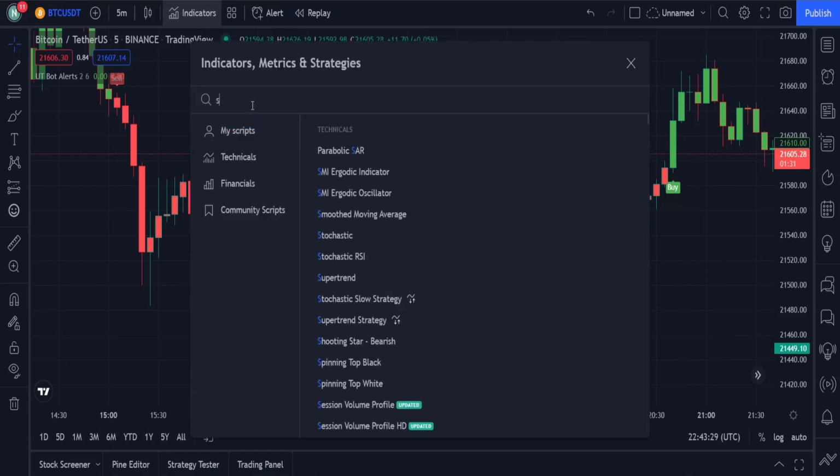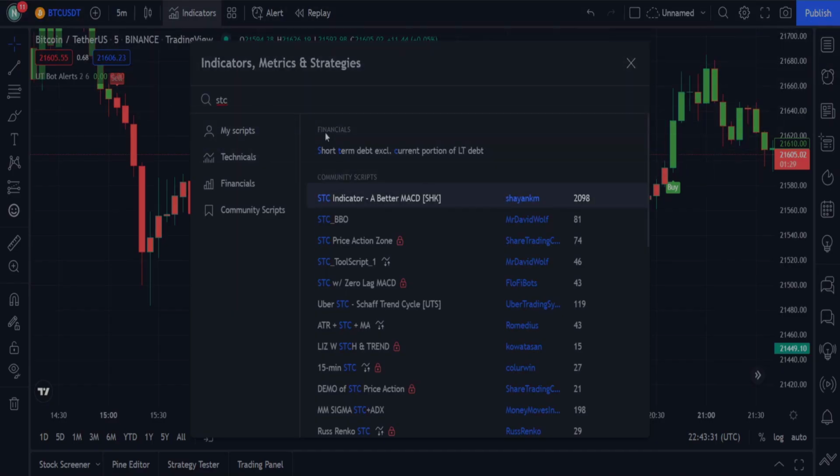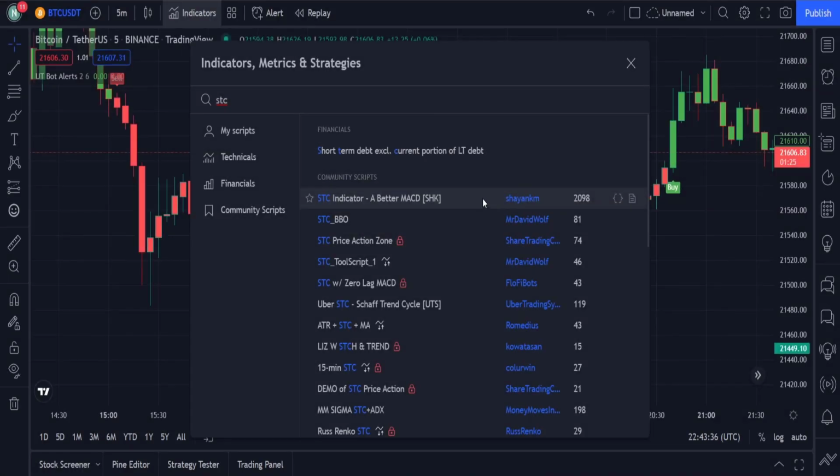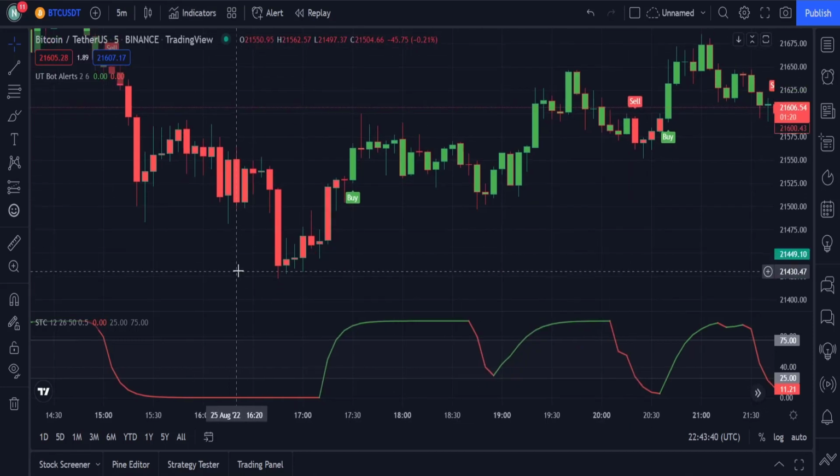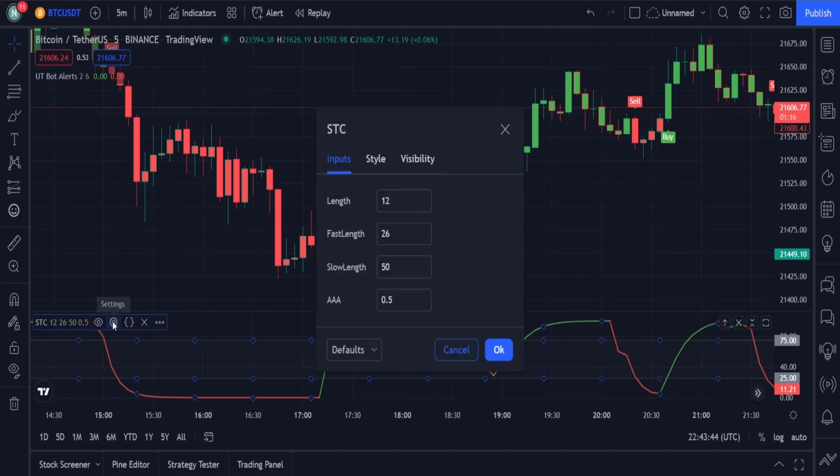The next indicator we're going to add is the STC. This one, the STC indicator, a better MACD by Shine KM. We're going to add that one and make some changes to this as well. So the STC is going to be right below here. Click on settings. Here, we're going to make the length 80 and fast length 27.